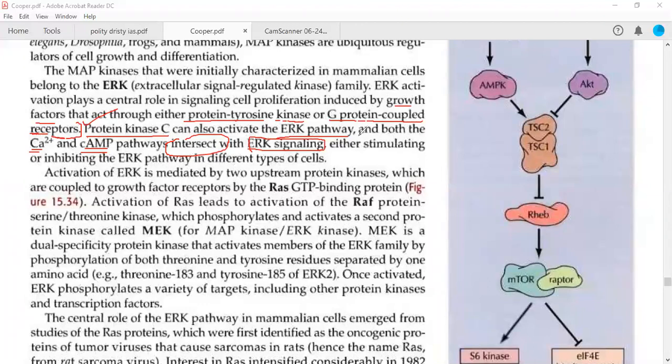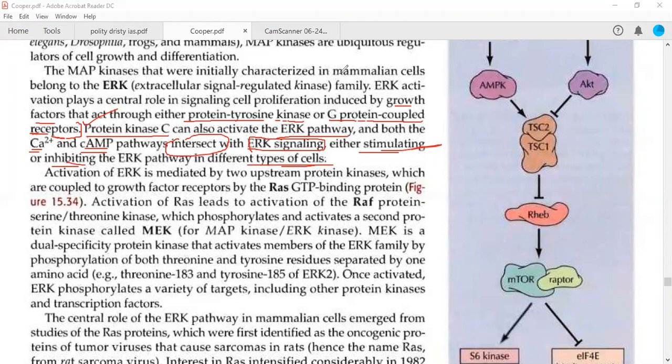And then it is not always necessary that it is stimulating something. It is also possible that it is inhibiting the ERK pathway in different types of cells. So depending upon cell types, it is completely flexible whether it is stimulating or inhibiting the ERK pathway, or whether it is involved in cell differentiation and proliferation or in cell death.